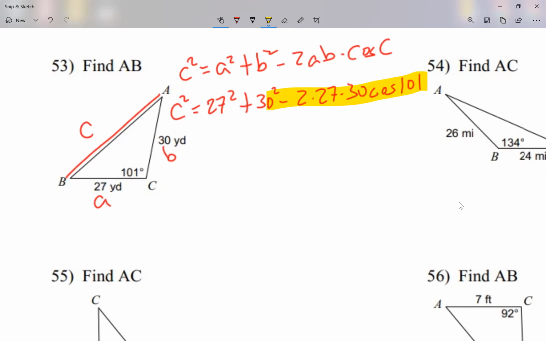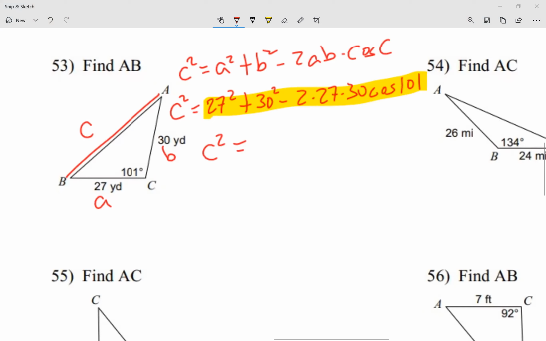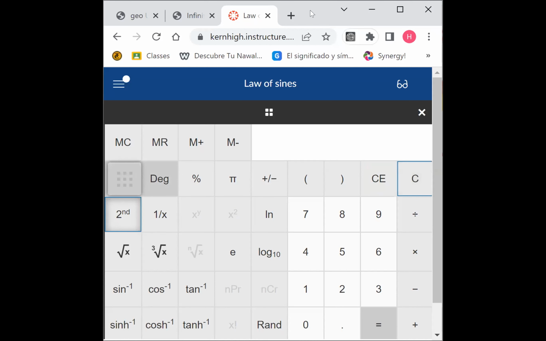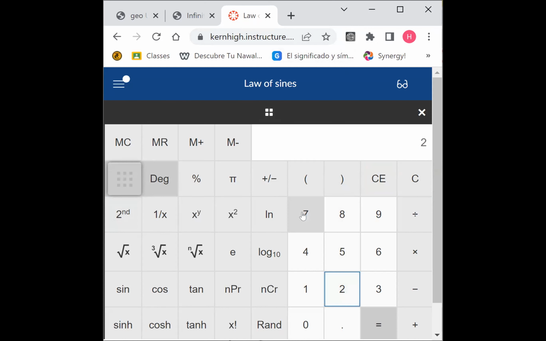You guys might be looking at this whole thing like, whoa, that's a lot. Well, good thing we have a calculator. I'm just going to type all that. So let me grab my calculator. Make sure you have it on degrees. So let's see, I'm going to go 27 squared plus 30 squared. Notice how I'm using that square there.